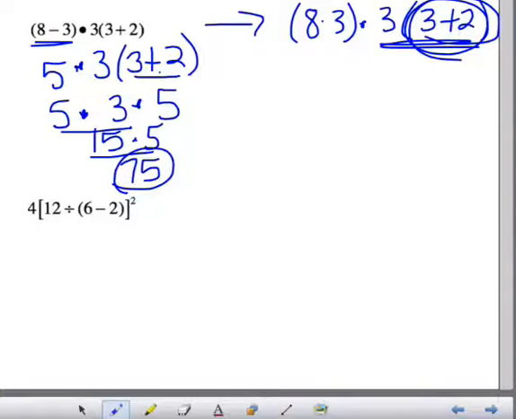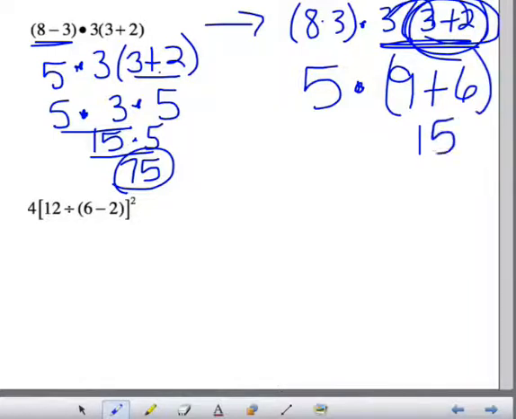All right? If there's a variable in there, you don't have the option. Yes, you've got to do that distributive property. But if you worked it this way, I can go, okay, 8 minus 3 is 5 times 3 times 3 is 9 plus 3 times 2 is 6, and that's going to be my 15, and then I got my 5 times my 15.